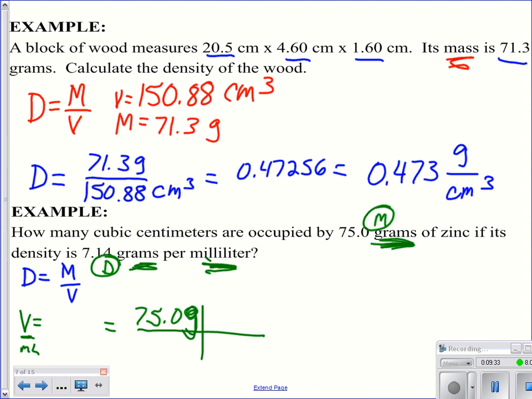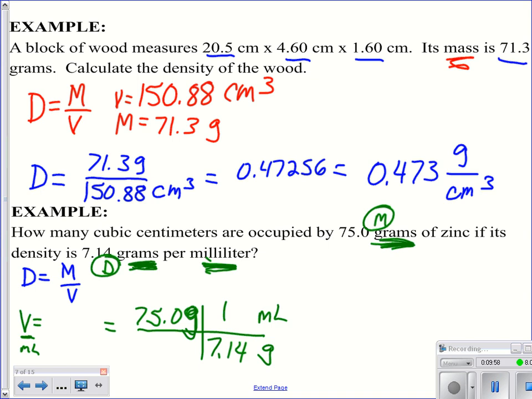So I want to get rid of grams and go to milliliters. Well, I can use this conversion factor right here. Which one goes on top? What number goes on top? 1. Because I know that I've got 7.14 grams, that's on bottom, for every 1 milliliter.